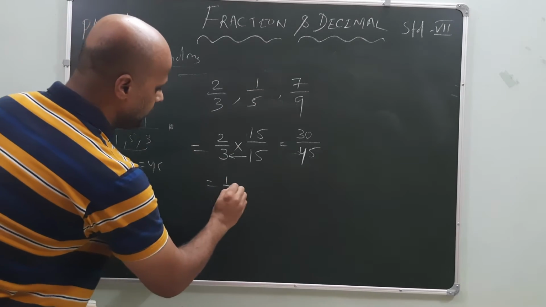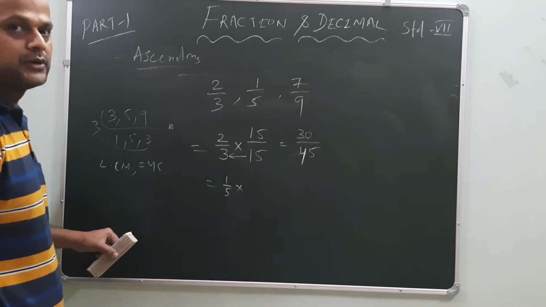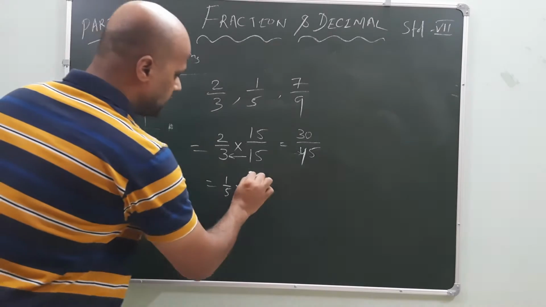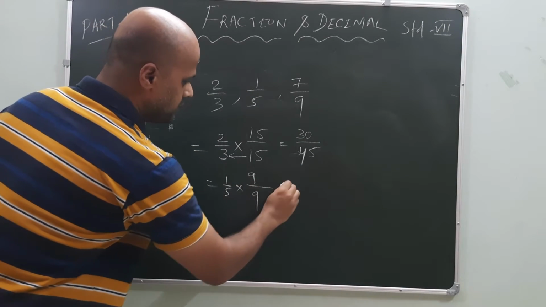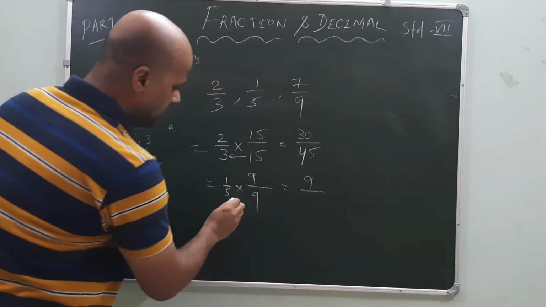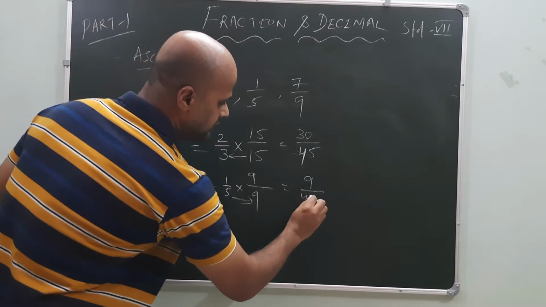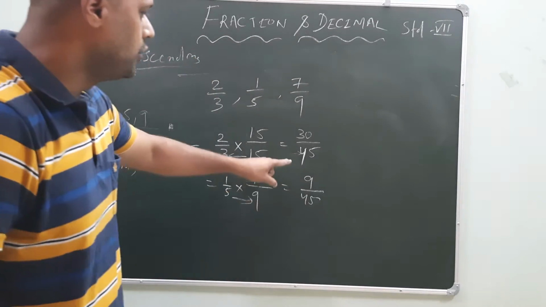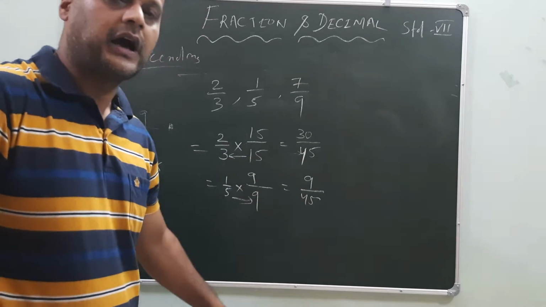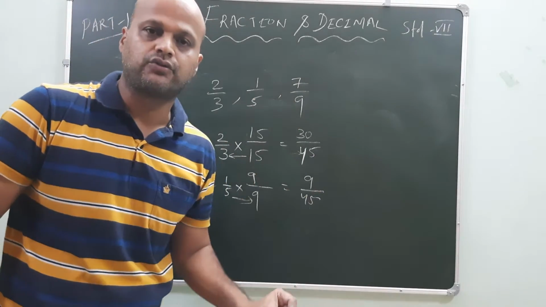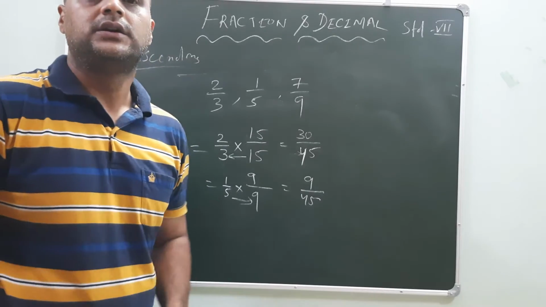For 1 by 5, to make it 45, how much will it be? 9. 9 times 5 is 45. That's right. You have to make all the denominators equal. After making all the denominators equal, you can arrange in ascending order.